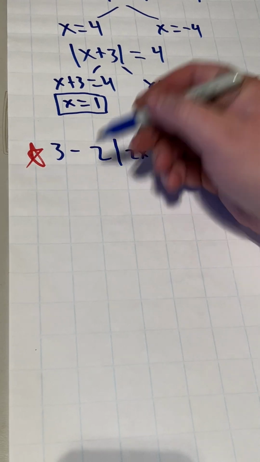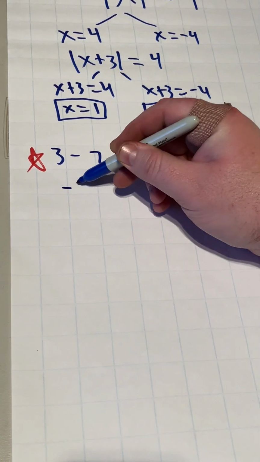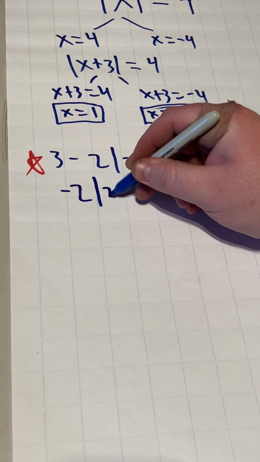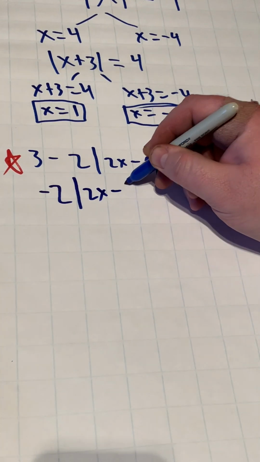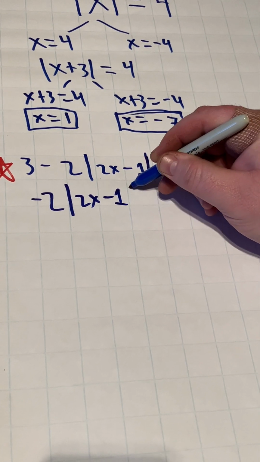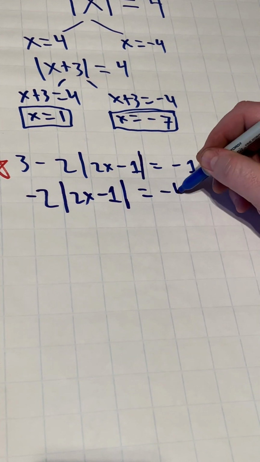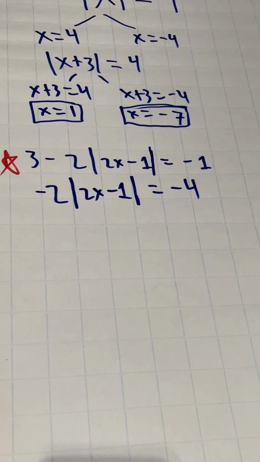Well, that means the first thing we're going to want to do is subtract 3 on both sides. If I do that on the left, I'm going to have negative 2 times the absolute value of 2x minus 1 equals negative 4.